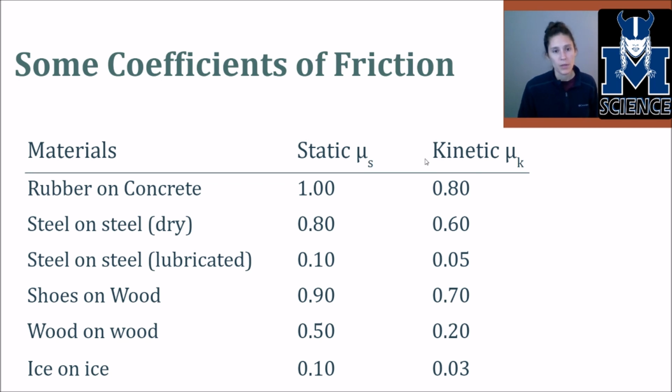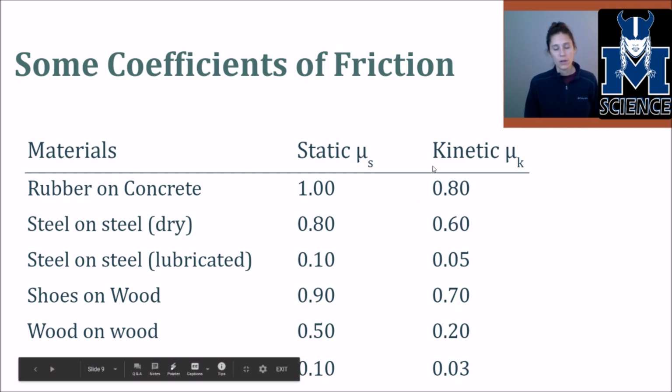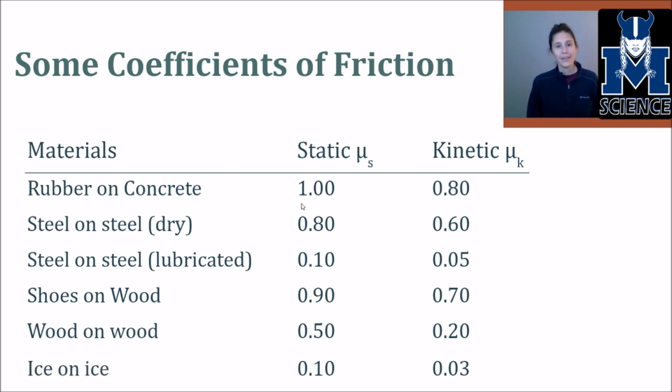Every situation is probably going to be slightly different, depending on the type of rubber, or the polish on a wood, so you may see slightly different values in tables. Yes, I know that these are just averages. Anyway, here are some coefficients of friction, but let's take a look at an example problem using kinetic friction.